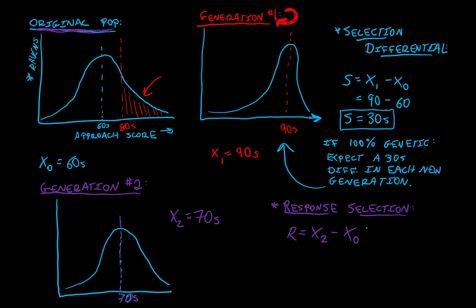So you're always going to be subtracting the original population from the younger one. So our second generation approach time is 70 seconds. Our original population approach time is 60, which means that R equals 10 seconds.